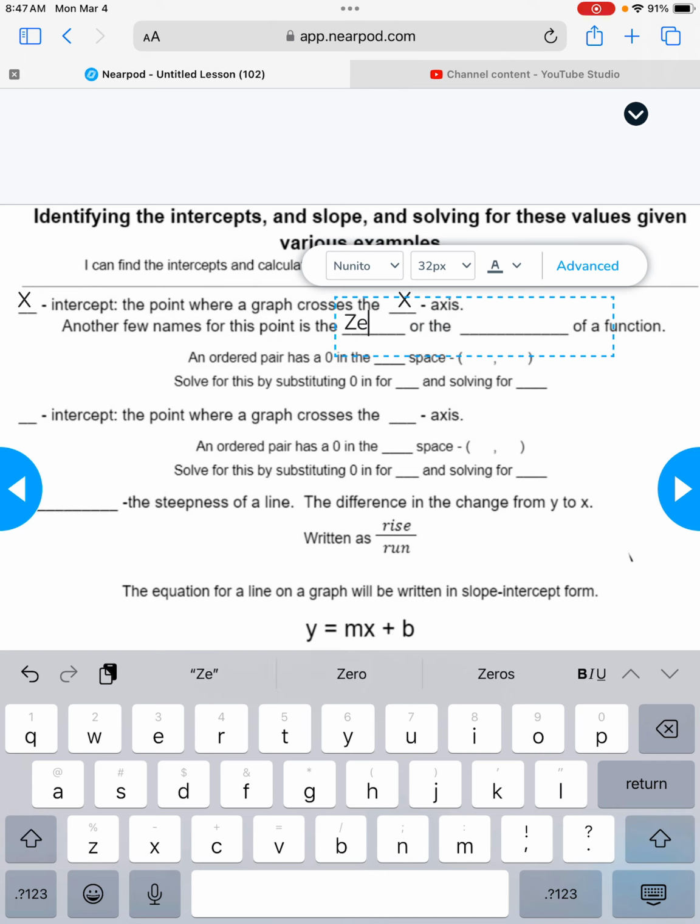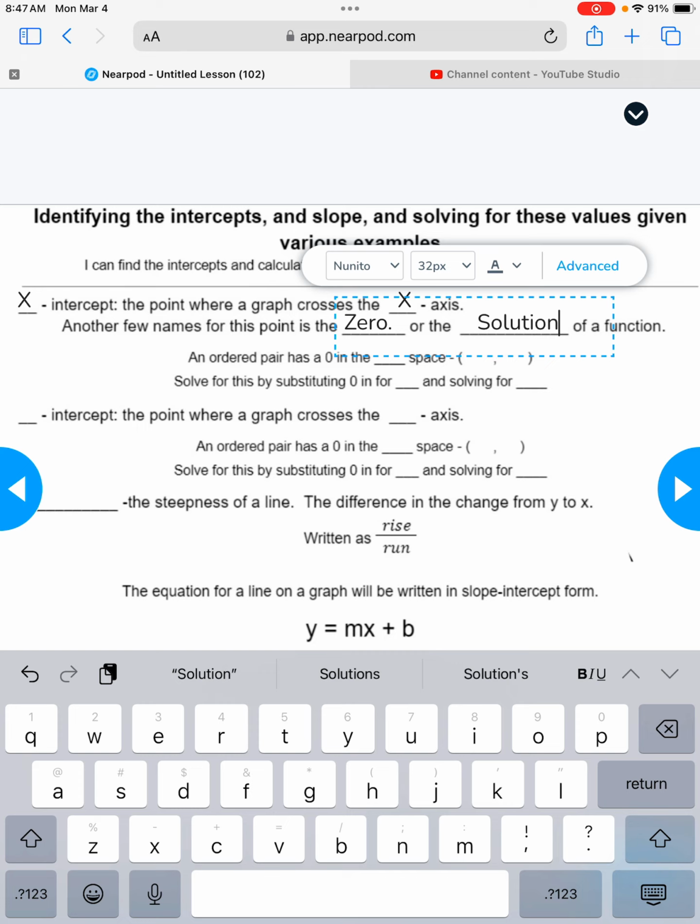I know I've called it a zero right now, but something else that we could call it is a solution. Remember how when we did y equals 0, or excuse me, 0 equals x squared plus 2x minus 3, or whatever the case may be, and we were able to say what the zeros were and the solutions were for that, and we had to start where y was equal to 0.